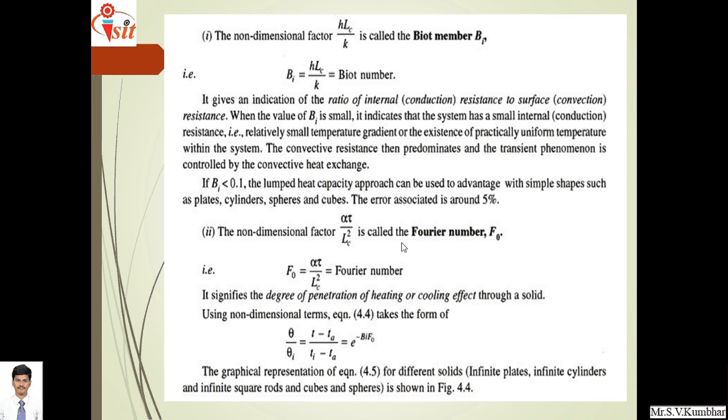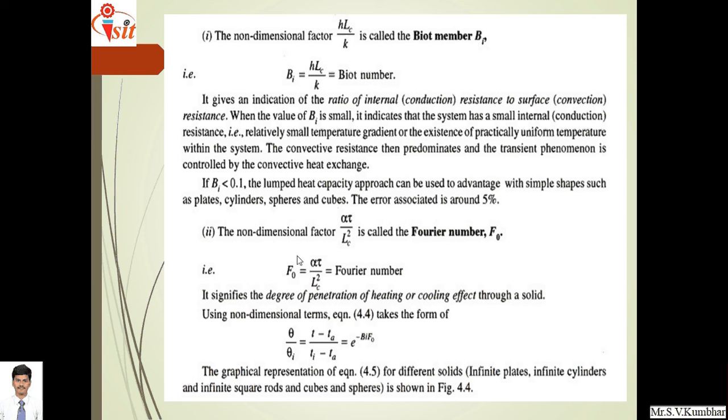So the Fourier number is given as alpha t/Lc², where alpha is the thermal diffusivity, t is the time, and Lc² is the characteristic length squared. The Fourier number signifies the degree of penetration of the heating or cooling effect through a solid.